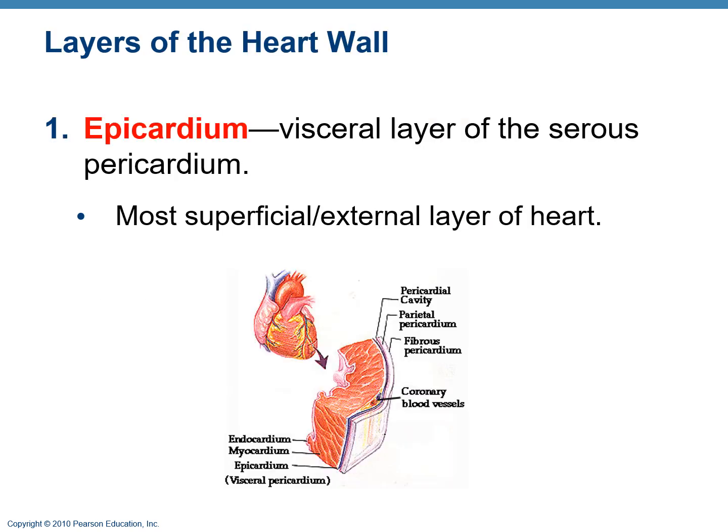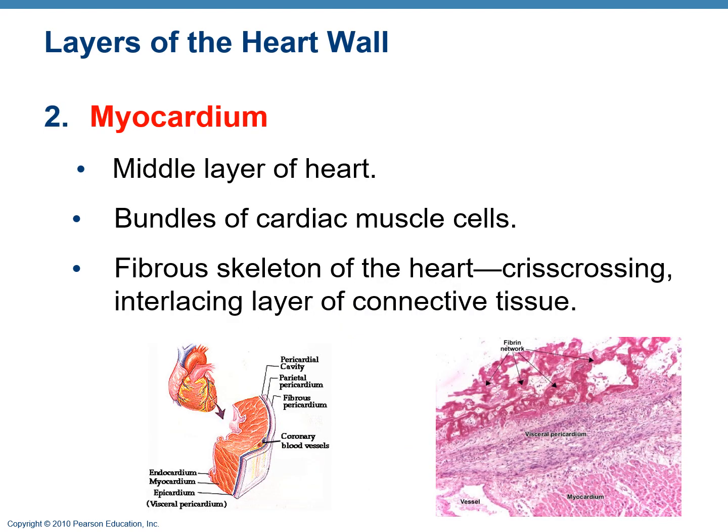If we look at the layers of the heart wall, we have the outermost layer known as the epicardium. This is a visceral layer of the serous pericardium, right? One and the same. That visceral layer is also known as the epicardium, and it's the most superficial or external layer of the heart. The myocardium makes up the bulk of the heart. It's the muscular layer, and it's comprised of bundles of cardiac muscle cells, and it also contains the fibrous skeleton of the heart.